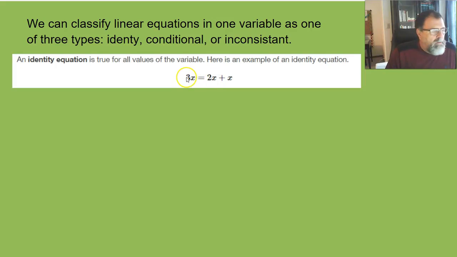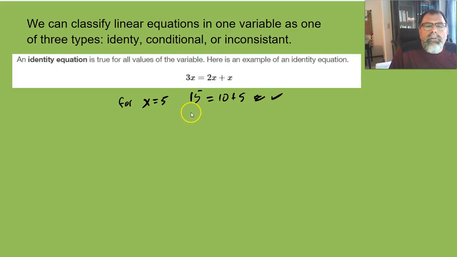No matter what I pick for x, this statement will be true. So if x is 5, for instance, you would get 15 equals 10 plus 5, which you can see is 15, which is true.